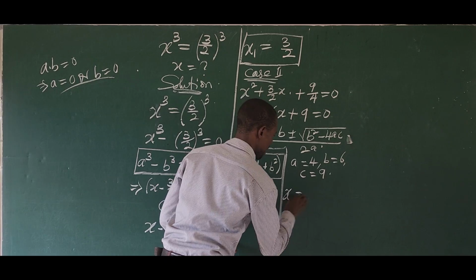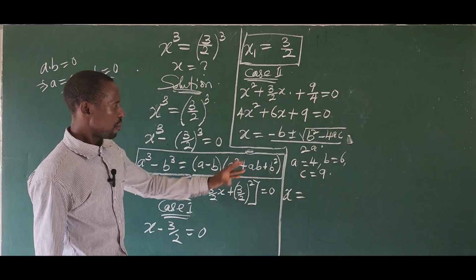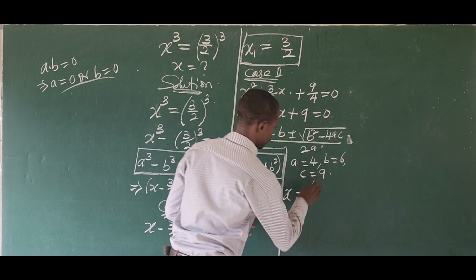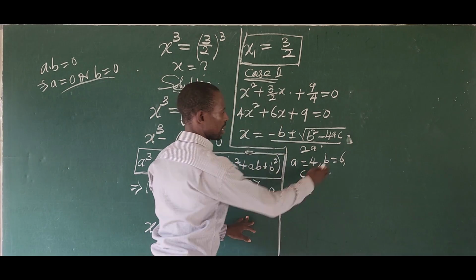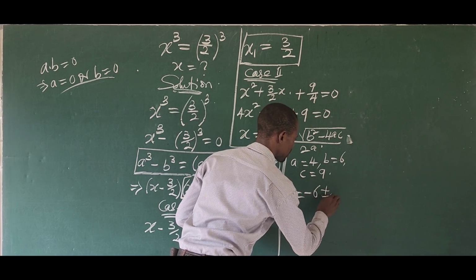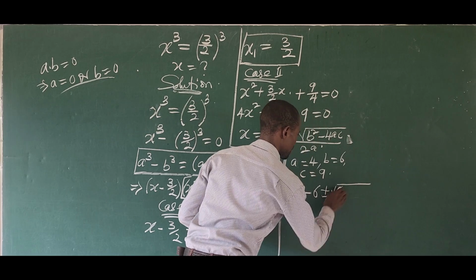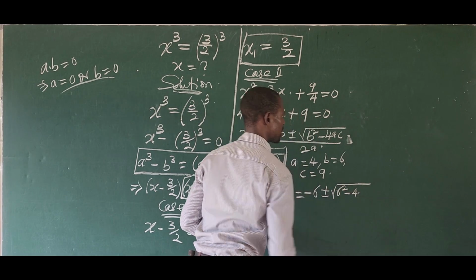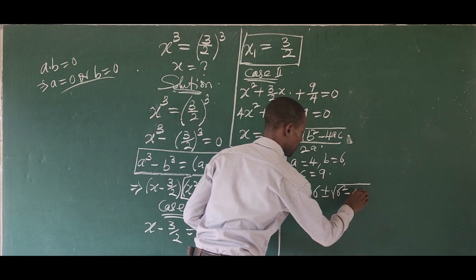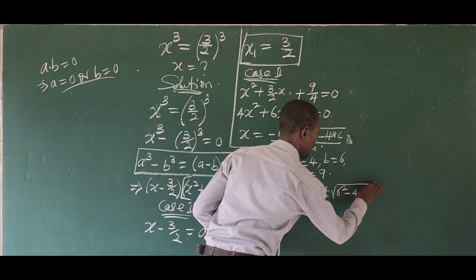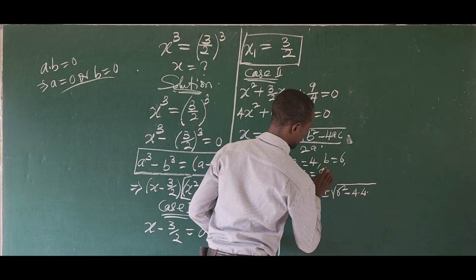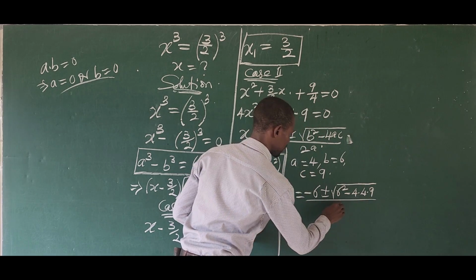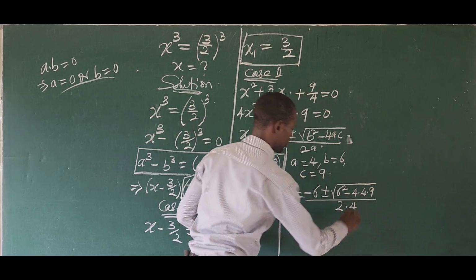So this is going to give us x is equal to, we want to put all these values into this expression. Minus our b, which is 6, plus minus the square root of 6 to the power of 2 minus 4 times our a, which is 4, times our c, which is 9, everything all over 2 times 4.